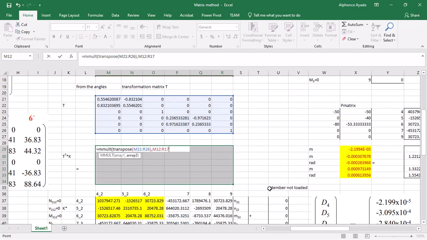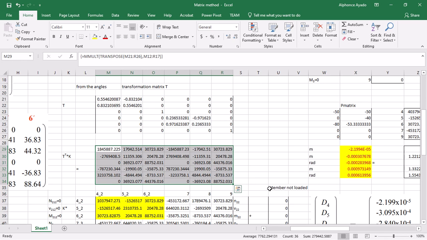Once you do that, close your bracket, and please pay attention, Control Shift then Enter at the same time, then you get your answer.